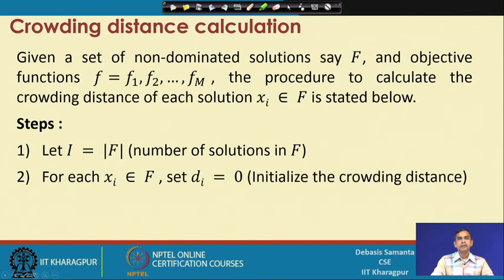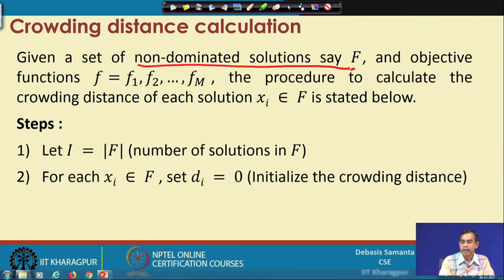Now, crowding distance calculation can be carried out in a little bit mathematical way, which I want to discuss here. Suppose given a set of a non dominated front, the last non dominated front, let this be f, and there are m objective functions for each solution, denoted as f1, f2 up to fm.